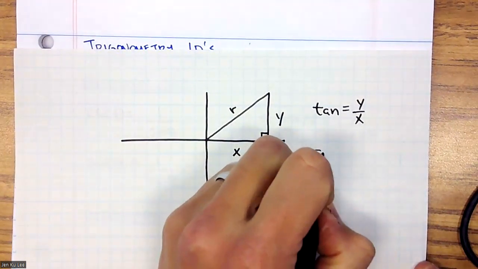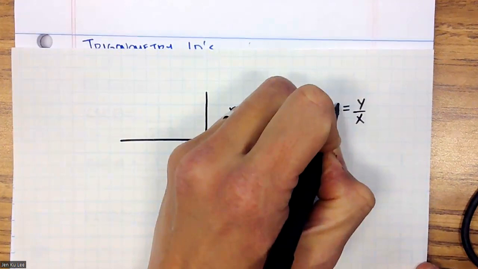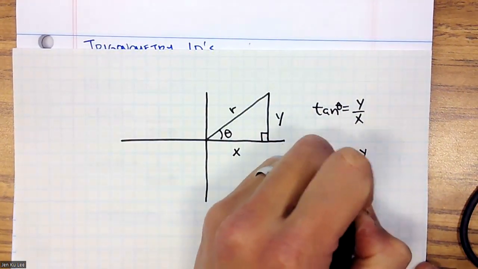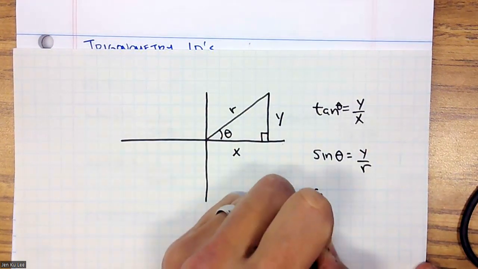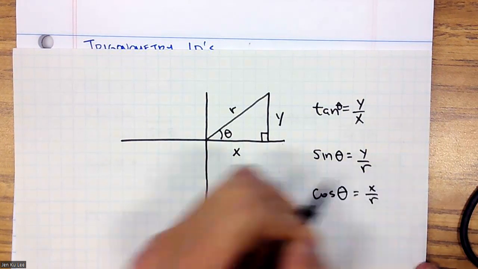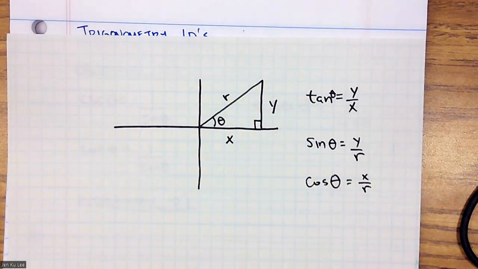Sine of this angle theta is equal to y over r. Cosine of theta is equal to x over r, right? We all know that, correct?